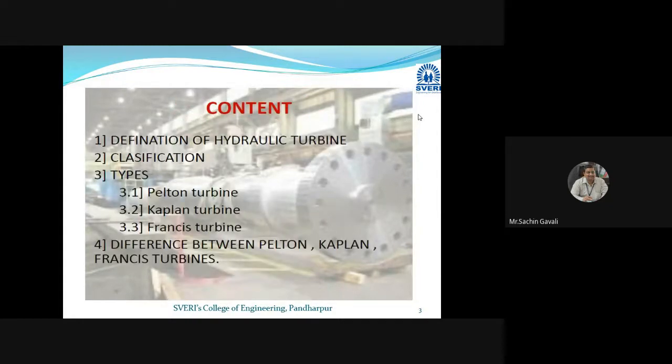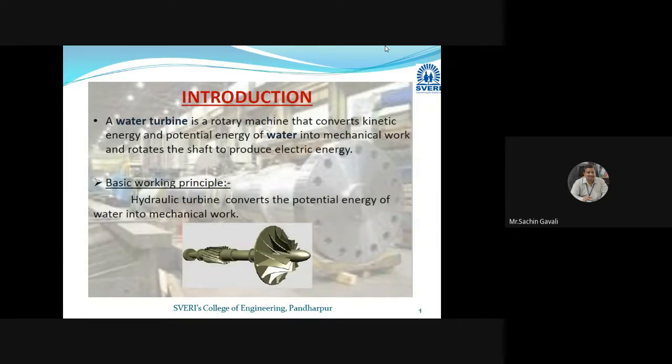The chapter contains the definition of hydraulic turbine, classification, types, and difference between Pelton turbine, Kaplan turbine, and Francis turbine. Everybody is aware of these turbines. Hydraulic turbines convert the potential energy or kinetic energy, or in general the hydraulic energy of water, into mechanical energy.